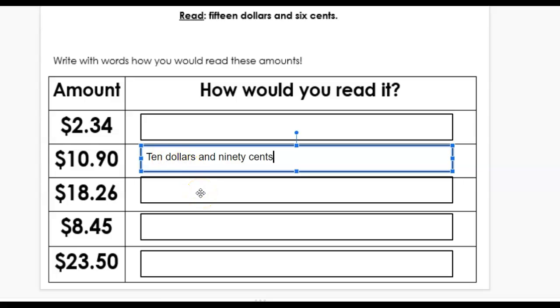Let's look at another example. This one right here. Say this amount to yourself. If you said $18 and 26 cents, you are correct. And here is how we would write it.